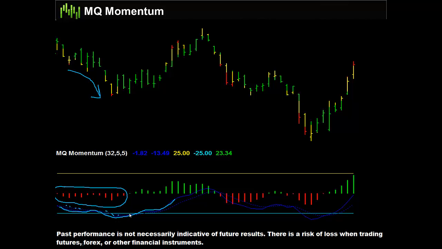When the fast line crosses the slow line and moves above the slow line, we have a histogram profile that's now green and positive. When it's green and positive like this, prices have a tendency to rise. Okay, very simple, very similar to an MACD that you may have seen before. Again, what you're trying to gauge is the strength and direction of price movement, either bullish or bearish.